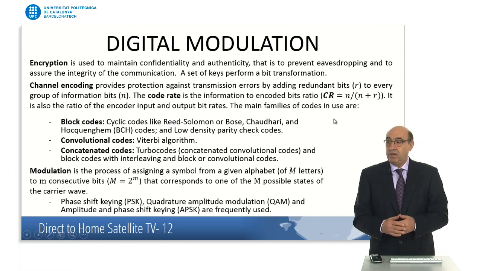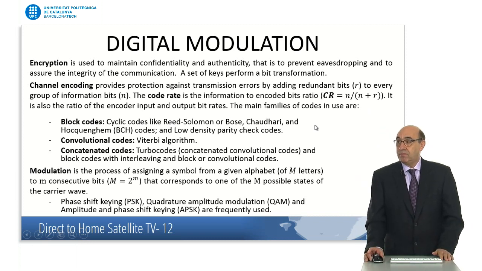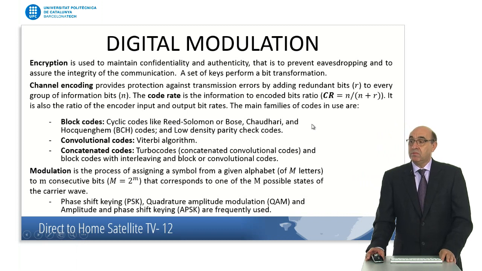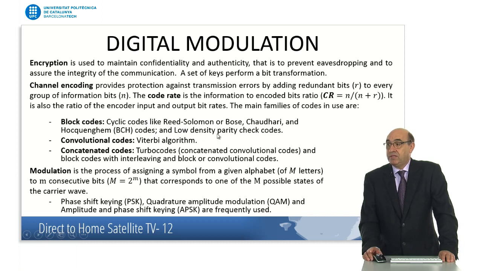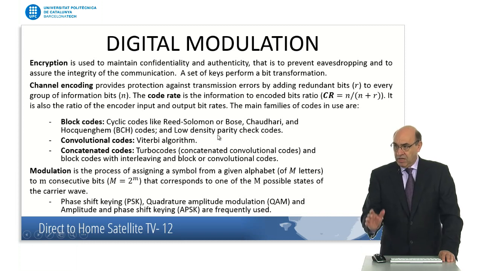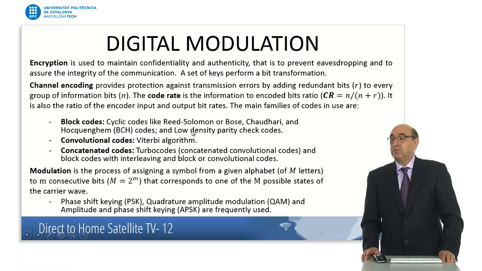There are different families of codes, but here are listed some of the most important or most frequently used. Reed-Solomon and BCH codes are of the family of cyclic codes, and also low-density parity check codes. In the satellite case we are going to study, those are going to be the two types of codes we will be talking about.